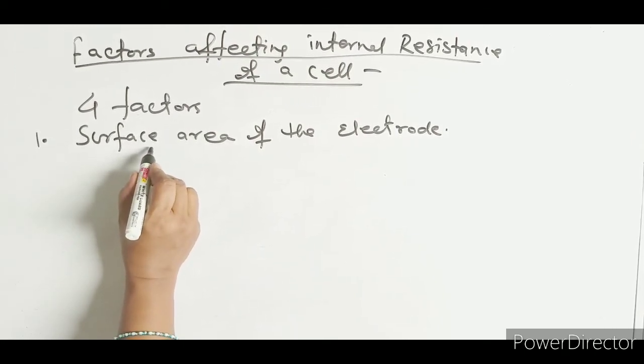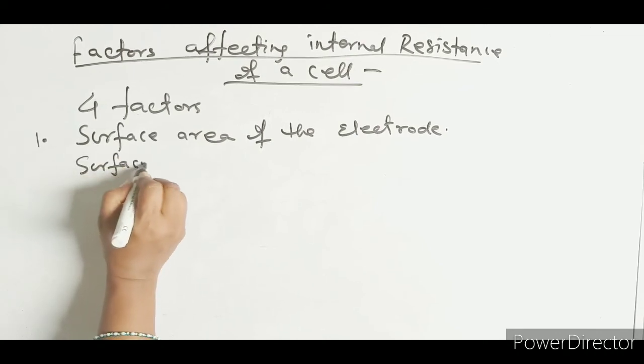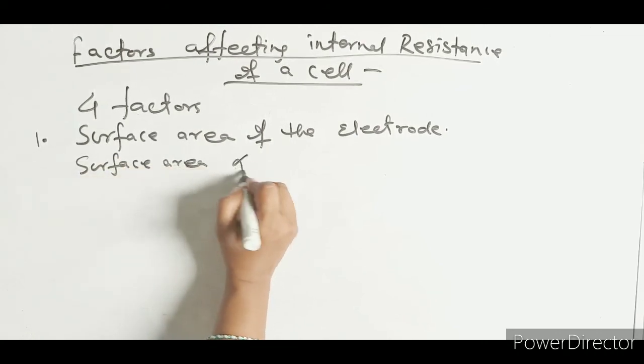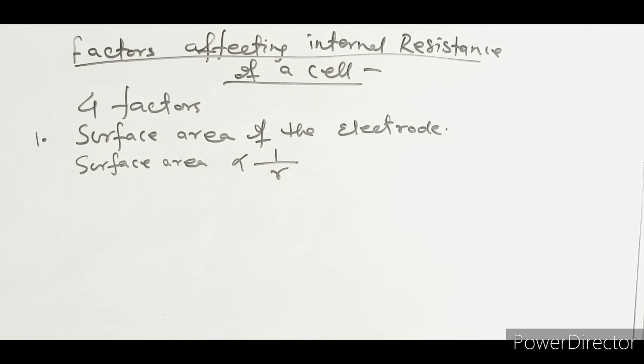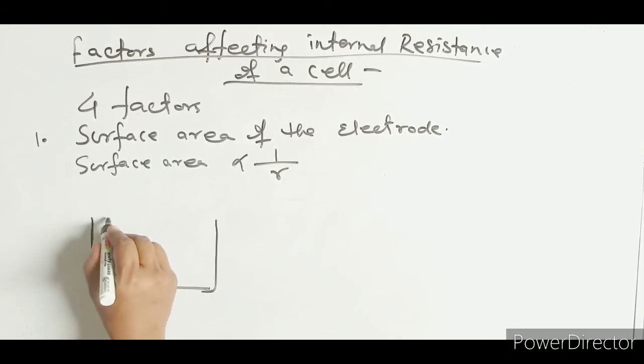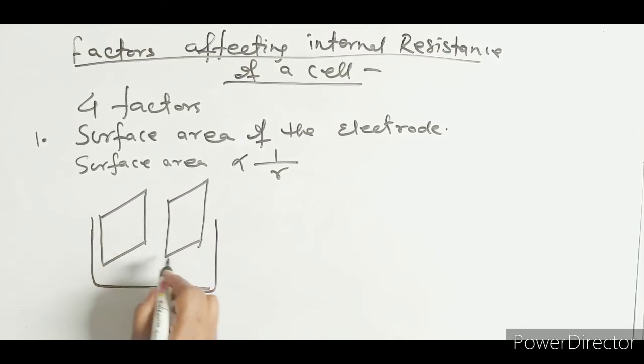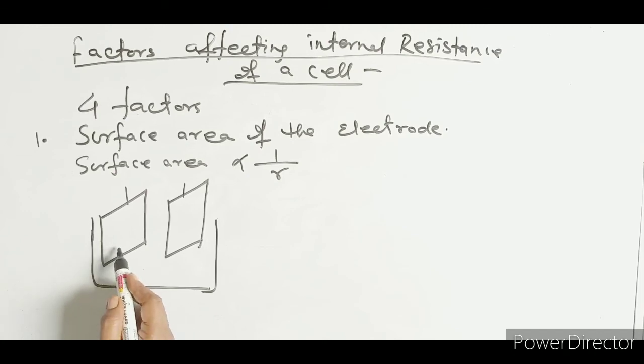So you can write surface area is inversely proportional to the internal resistance. What does it mean? If we are taking plates of bigger size, then internal resistance will be less, because the ions will move and somewhere they can discharge or they can pass. So internal resistance will be less in this case.